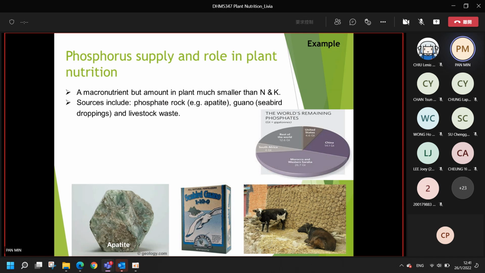All the phosphorus in the world is merely supplied by phosphorus rock, granules, and limestone waste. Here you can see what remaining phosphorus there is. So that's why we need better soil management to keep the nutrients, the phosphorus level.